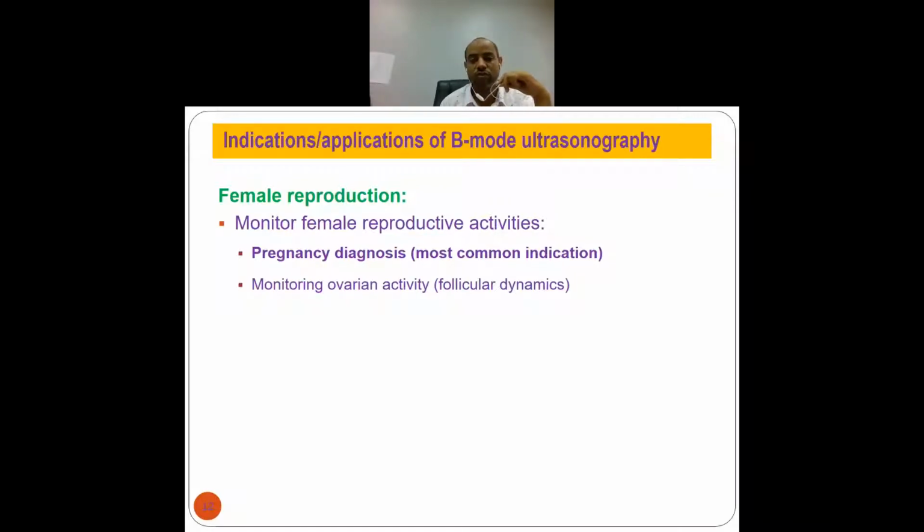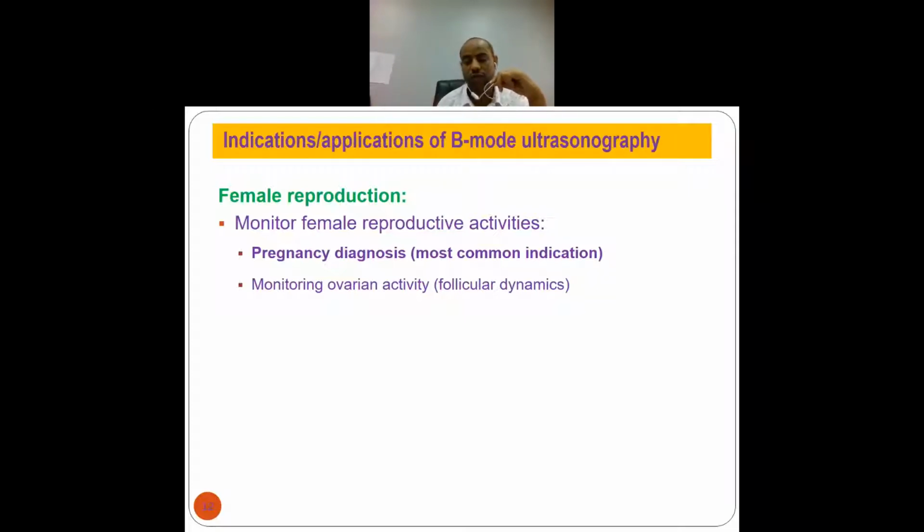Once you know all these, the main purpose is to make use of this device for diagnosing problems, or examining structures to come up with a certain diagnosis and treatment approach. So now we'll see the indications, or the various applications where we can use this ultrasound machine pertaining to reproduction.